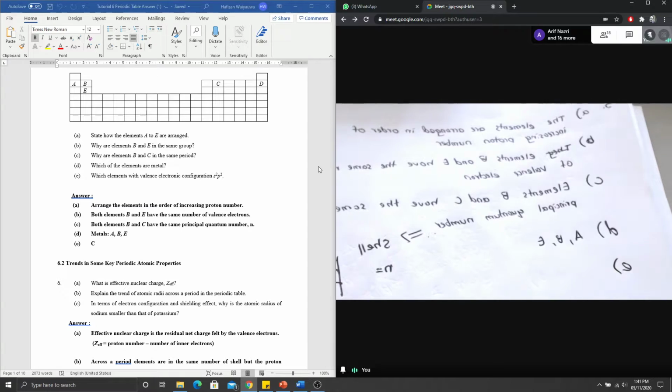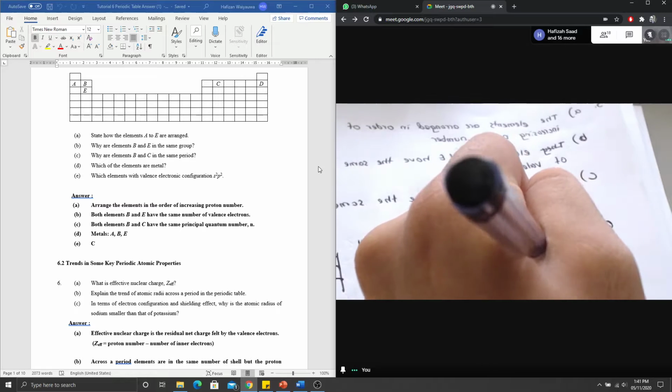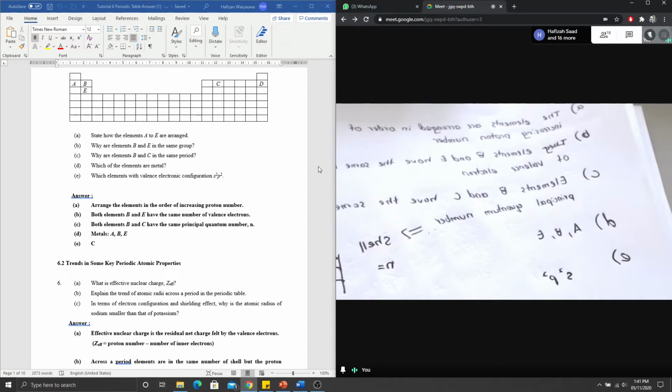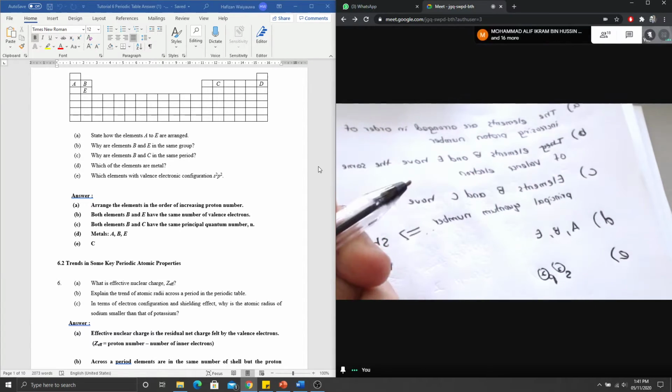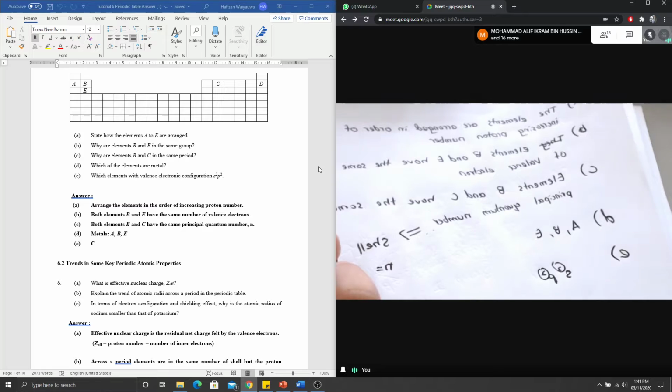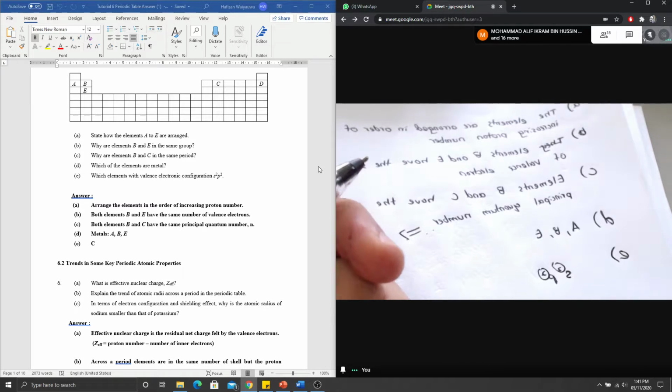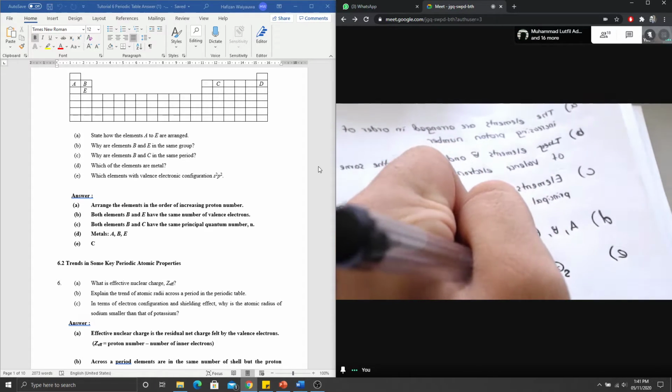Okay. So now, dia tanya which elements with the valence electronic configuration of S2P2. Okay, kalau S2P2, berapa valence elektron dia? 4. So, dia dah cakap dah. Valence electronic configuration dia is S2P2. Nampak sangat ada 4.